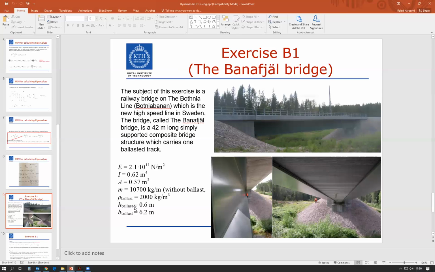And this is the density of the ballast, and you have the density of the concrete, but you will have to consider an equivalent density for the whole structure, which includes also the ballast. So when you get the frequencies, you will consider the mass of the ballast as well in the frequencies, not only the mass of the deck and the steel beams.